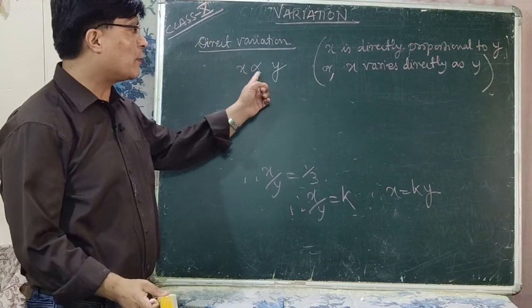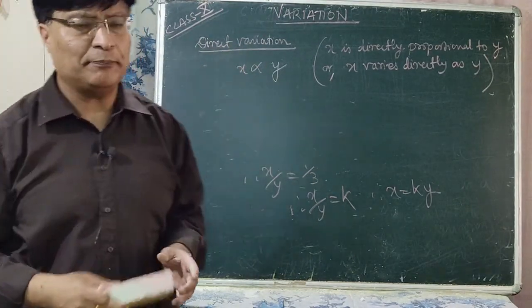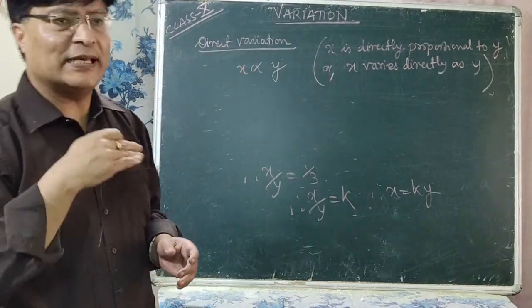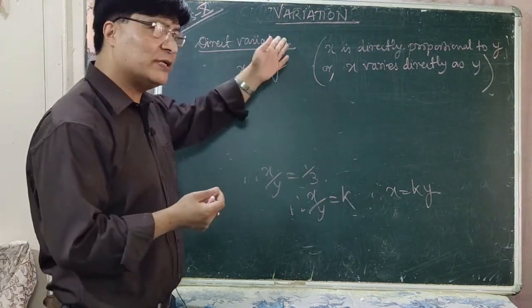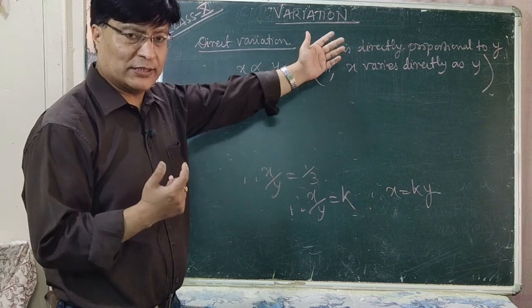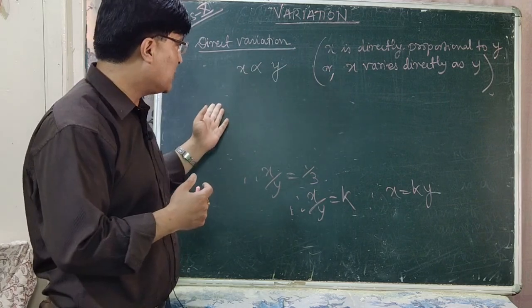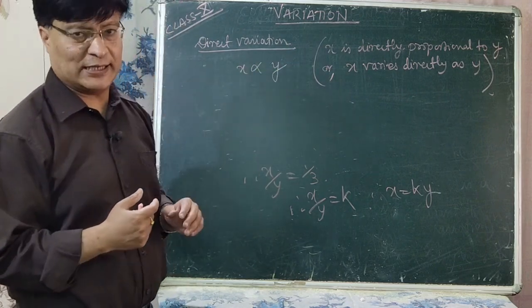So what do we understand by x is proportional to y? If x increases, what happens to y? y also increases. If x increases, y also increases. If x decreases, y also decreases.